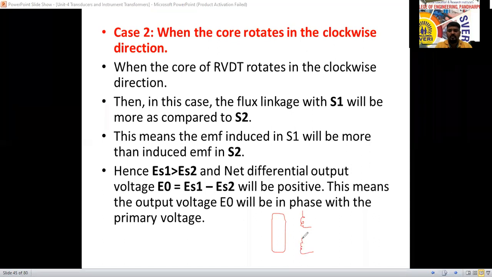Clockwise means this side only. Right side means clockwise, it has to rotate like this, left to right. In that situation, if it is rotating like this, this upper part will come nearer to S1.